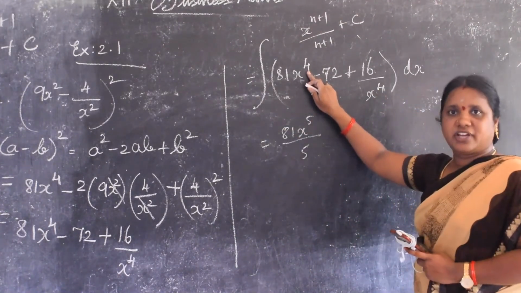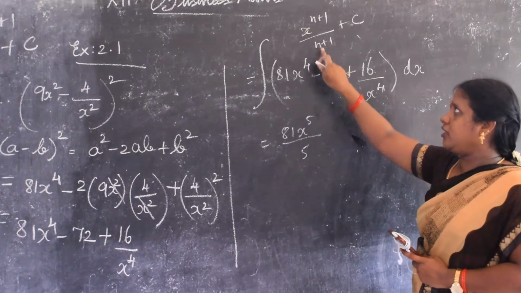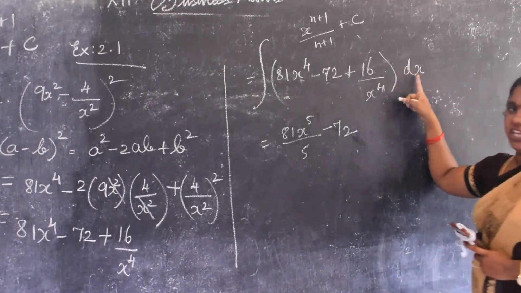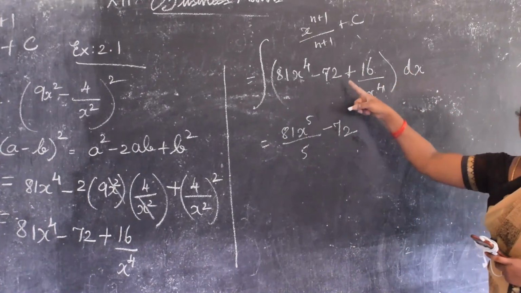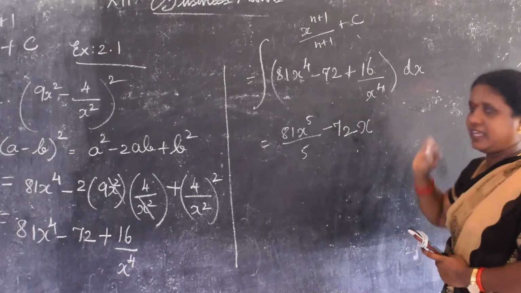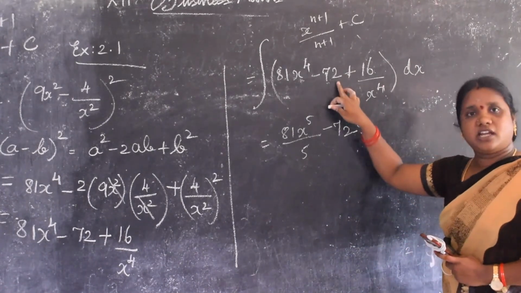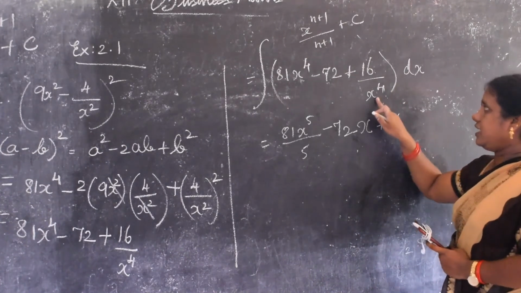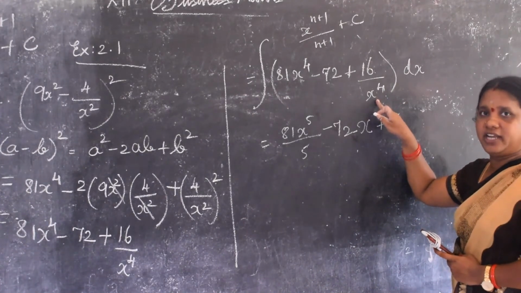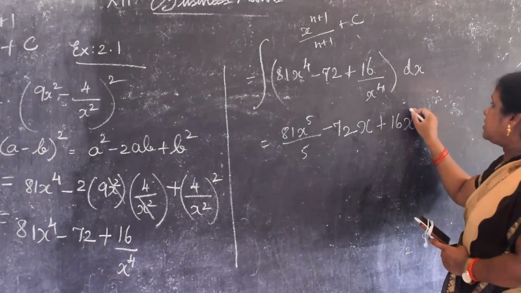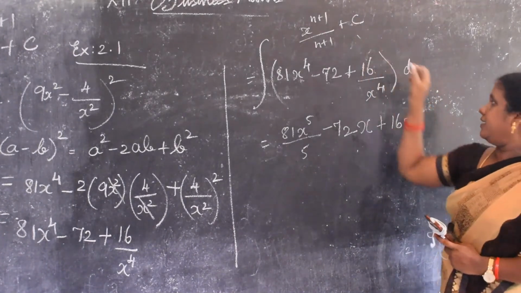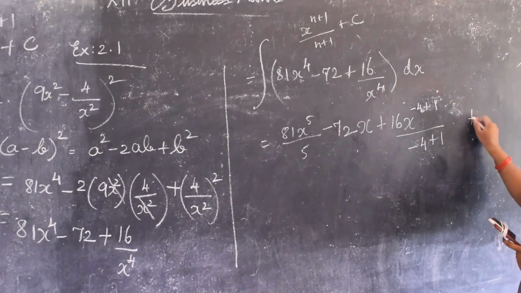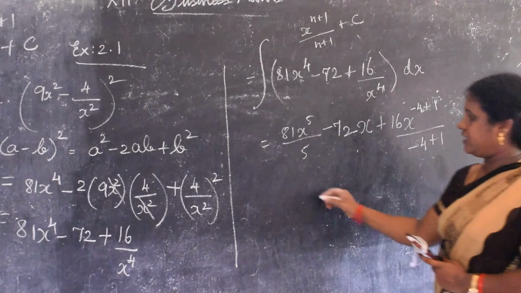If you add 4 and 1 you get 5. Here denominator 4 plus 1 is 5. Minus 72, here 72 dx. If you integrate, there is no x; you will get only x. Plus 16, see here x power 4 is in the denominator. If you bring it to the numerator it becomes x power minus 4. Now you have to add plus 1 divided by minus 4 plus 1, plus c. At last you have to write our constant.